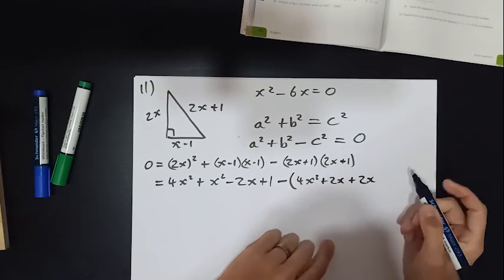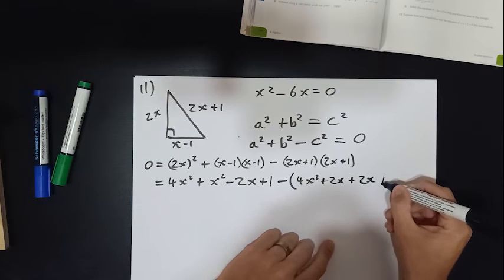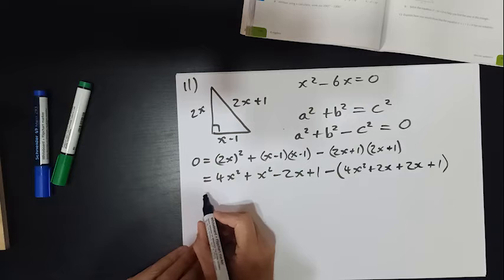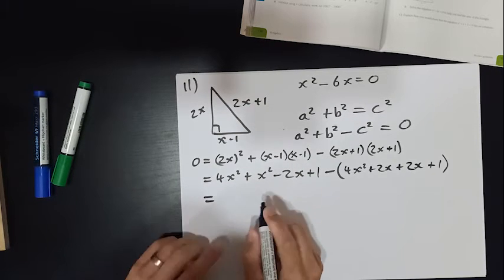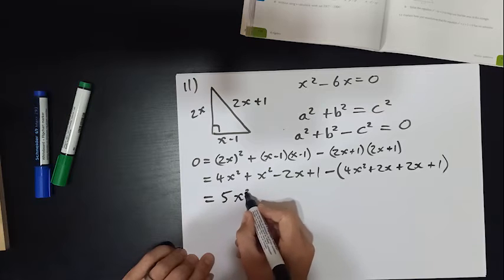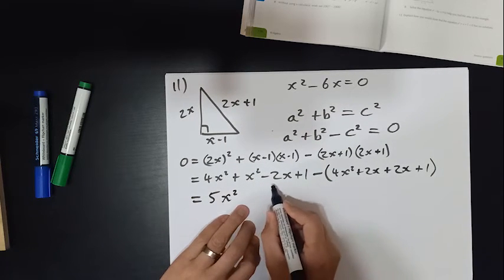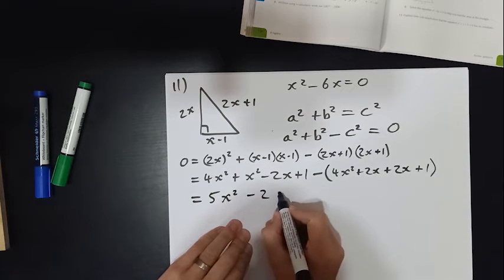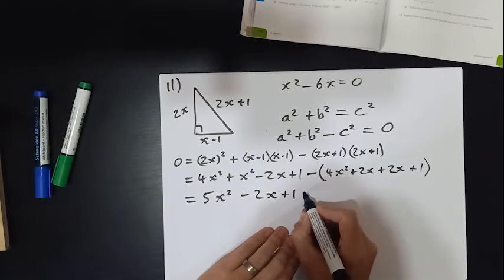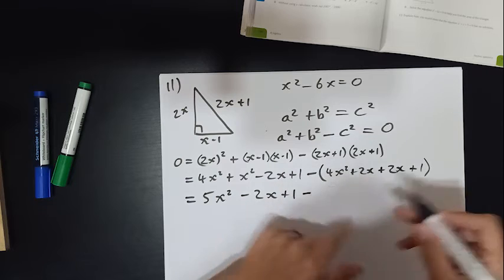And then the numbers, plus 1 times plus 1. Woohoo! Okay, this is long. Equals 4x squared plus x squared, 5x squared, minus 2x plus 1.